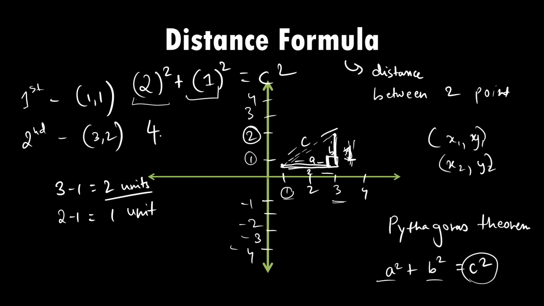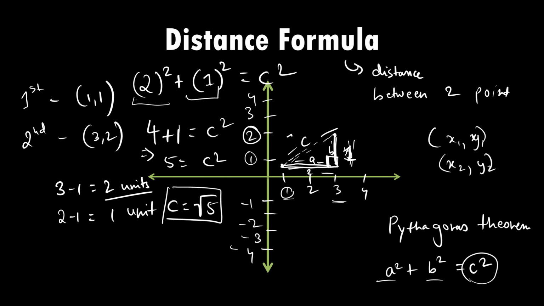It's going to be 4 plus 1 is equal to c square. Simplifying this further, 5 is equal to c square, which means that c is going to be equal to root 5. So our length is going to be root 5. So now we can solve this graphically.